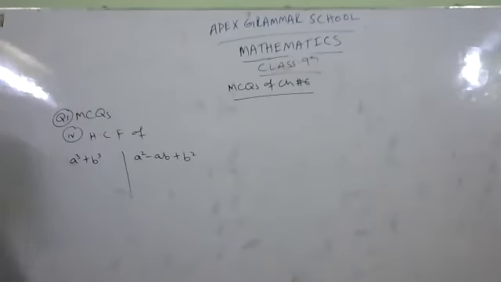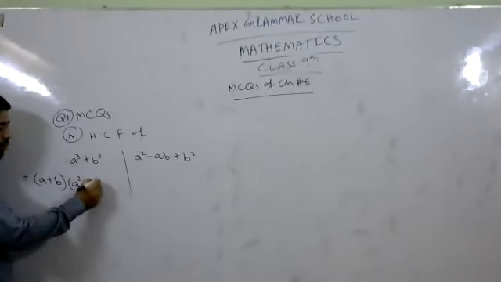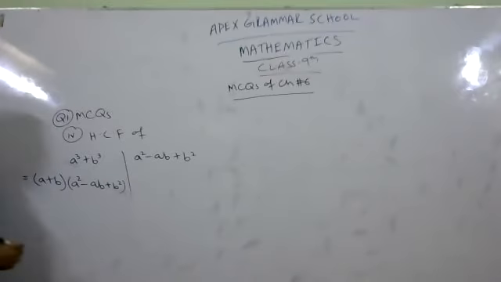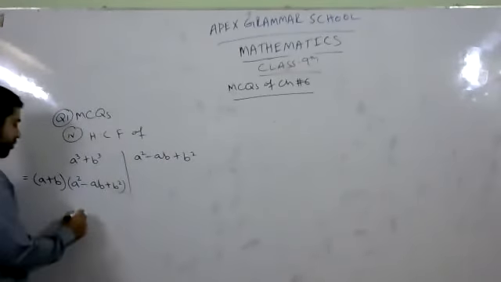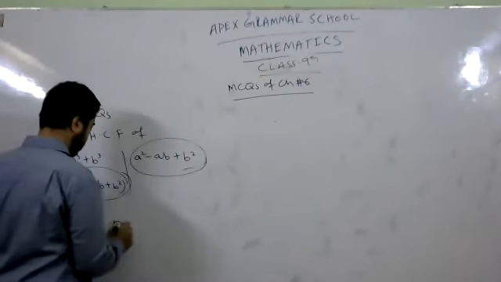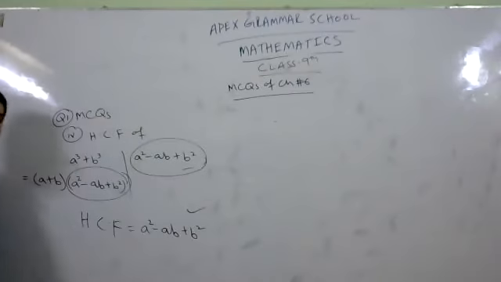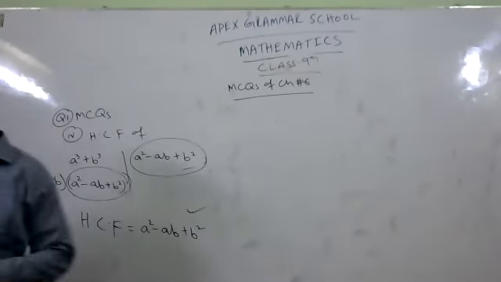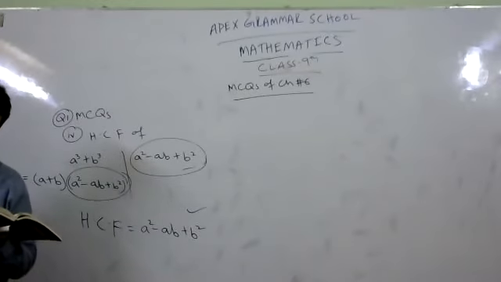Again, it is the formula: a³ plus b³ is equal to a plus b into a² minus ab plus b². And this is already a² minus ab plus b². So what will be the HCF? Both are common, and that's it. This is your part number 4. The correct option is option number D.